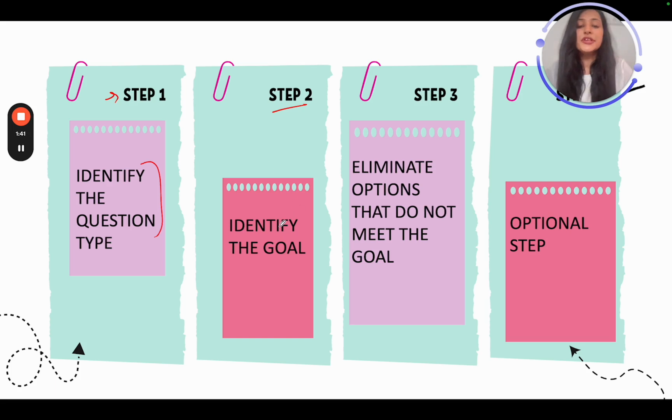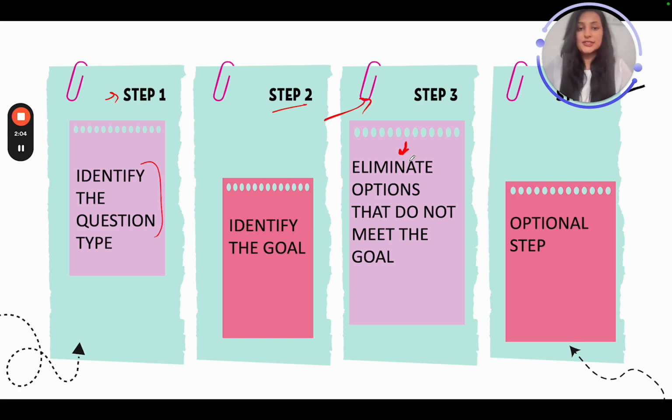Step 2 is identify the goal. By now we know that the first part of the question stem is going to tell us about some goal that we need to achieve. So you have to be very clear about what that goal is so that when you go to the options, that is in step 3, you can eliminate all those options that do not meet the goal, right?